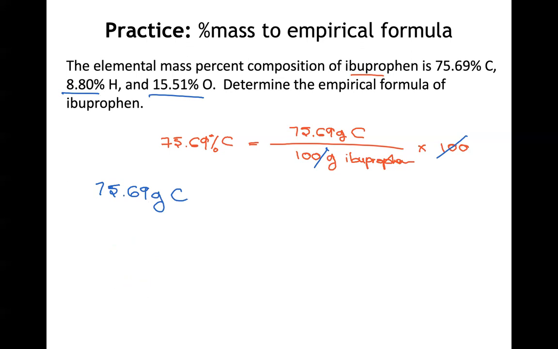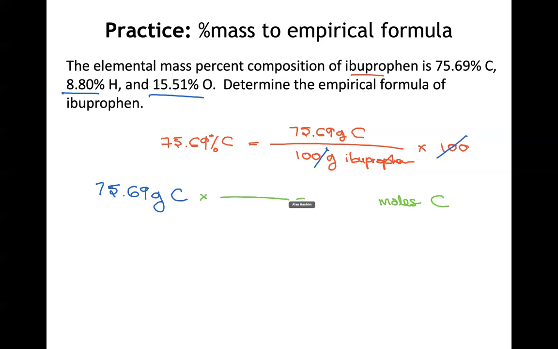If we need to convert the mass of carbon into moles of carbon, what do we need? How can we convert from grams of carbon into moles of carbon? Yeah, we would need to use the molecular weight, right? We're going to need to multiply it by the molecular weight to get the moles of carbon, right? So would we do 1 mole over grams of carbon or grams of carbon over moles of carbon?